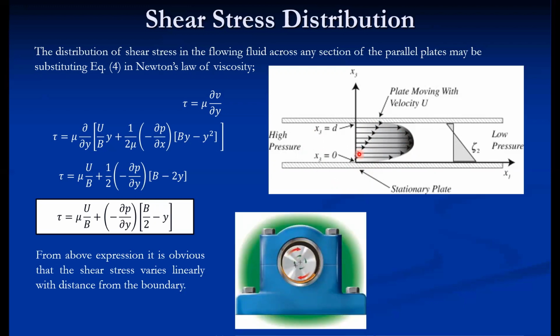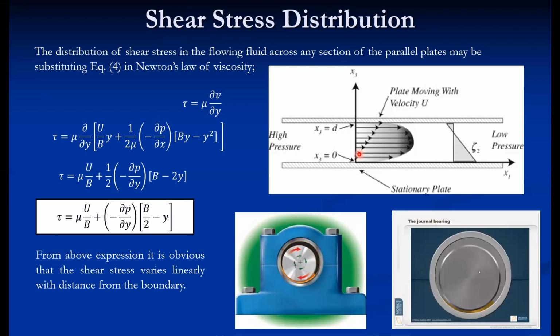So, the actual application of this particular Couette flow is in the journal bearing case. A journal bearing generally supports the rotating shaft, and this is the surface which is made of high friction resistance material. In between there is an oil which acts as a cushioning effect.